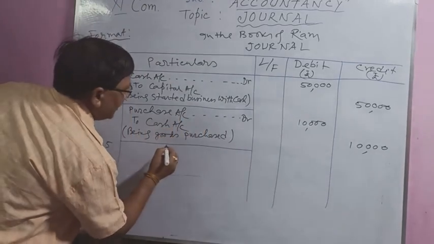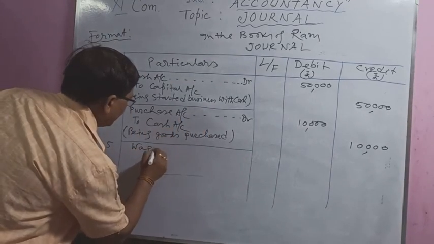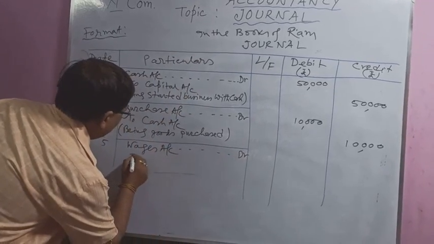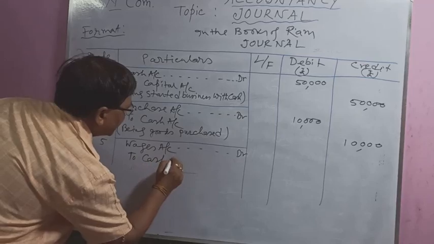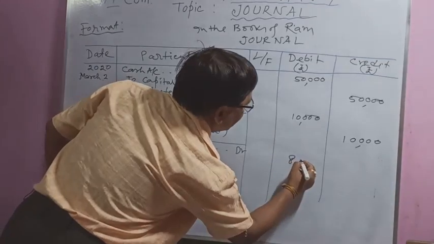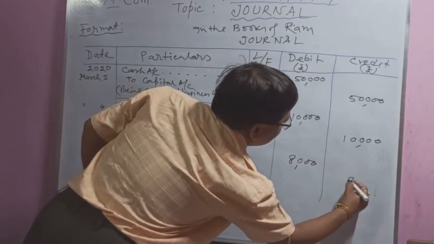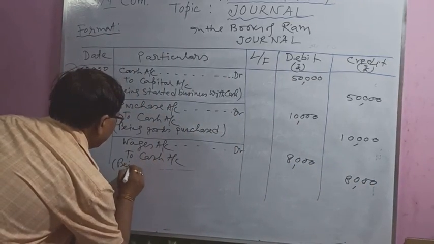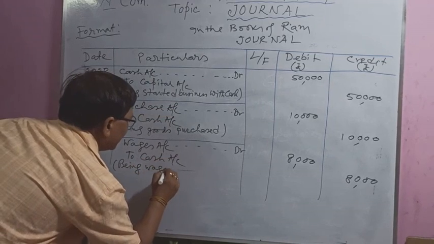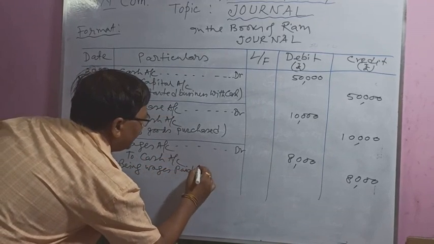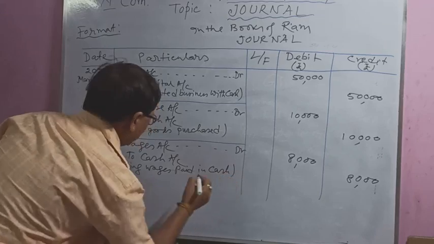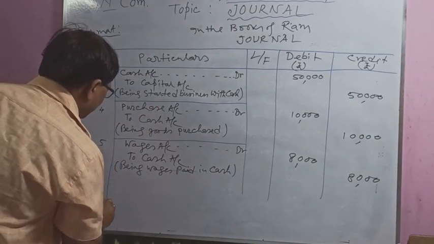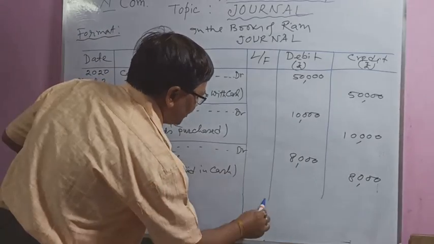Now the journal entry: wages account debit to cash account, amount 8,000. Being wages paid in cash.